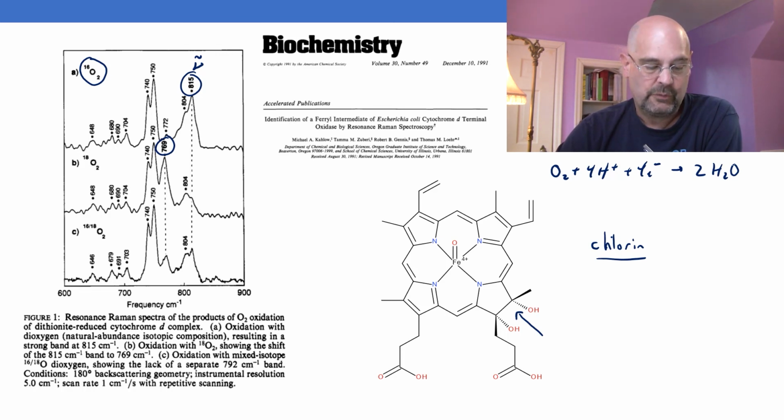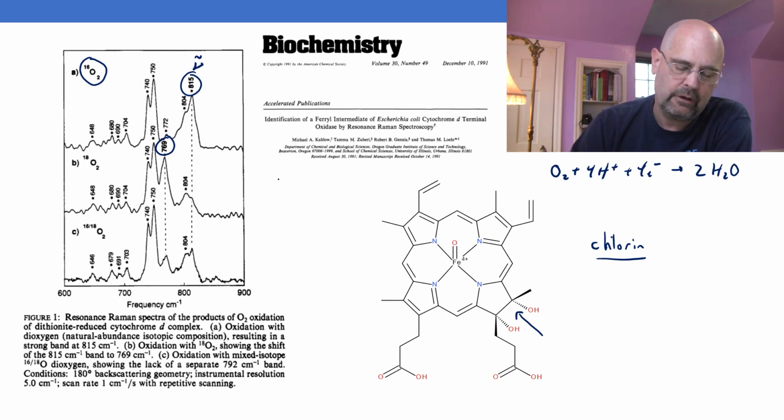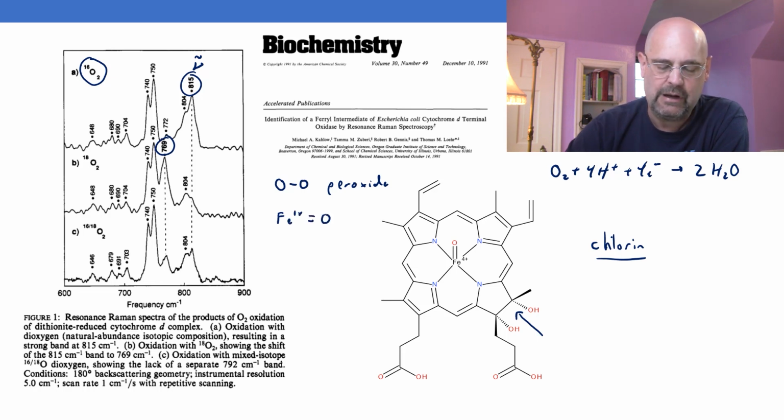Well, so we did that. Now the last piece was, there's a question with this. The question was, this wavelength range would be appropriate for either an oxygen-oxygen stretch in a peroxide or an iron 4 bonded to an oxygen.